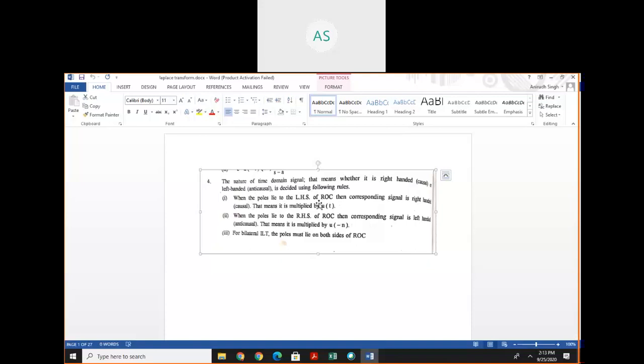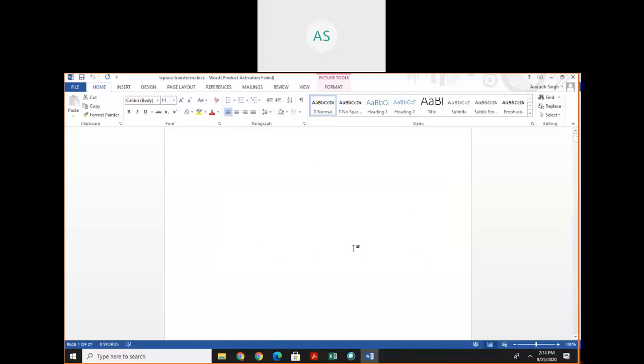When poles lie to the right hand side of the ROC, then the corresponding signal is left-handed. Left-handed means the signal is anti-causal, and it means the signal is multiplied by u(-t). And for bilateral, the poles must lie on both sides of the ROC.